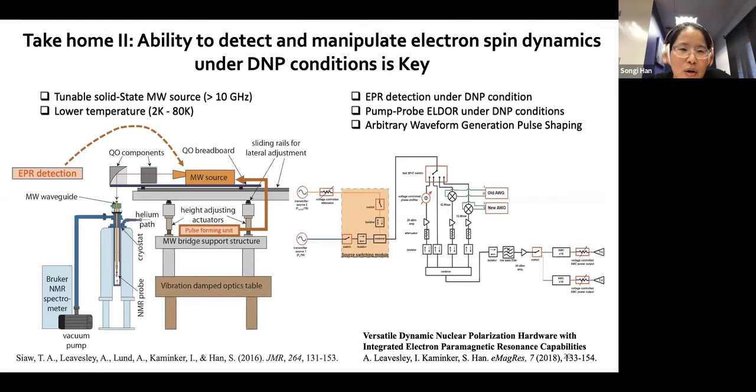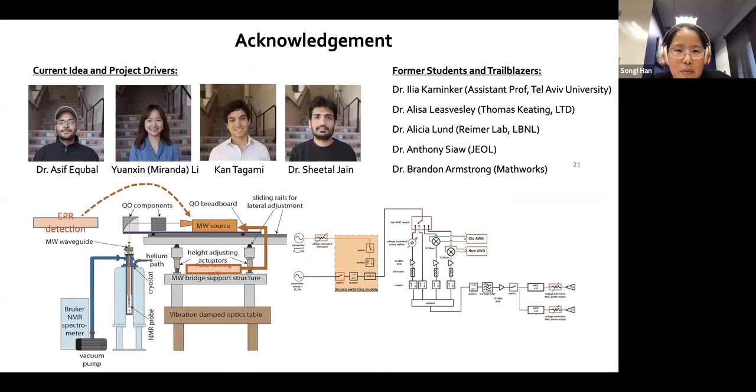Take home two, all of this did require diagnostics. So it's very important for us to figure this out, the ability to detect and manipulate electron spin polarization and dynamics, that is key. And in fact, that slide is a perfect opportunity for me to acknowledge past and present members.